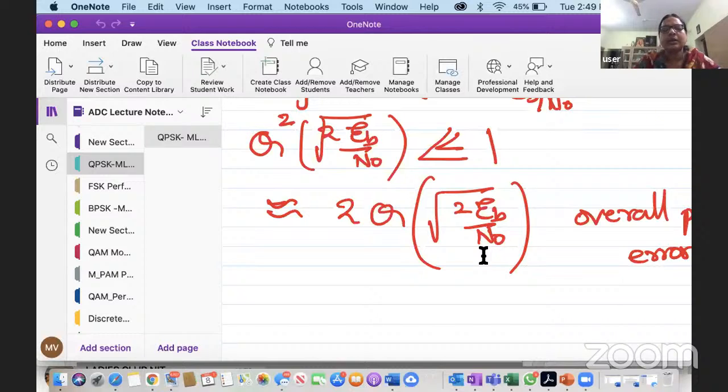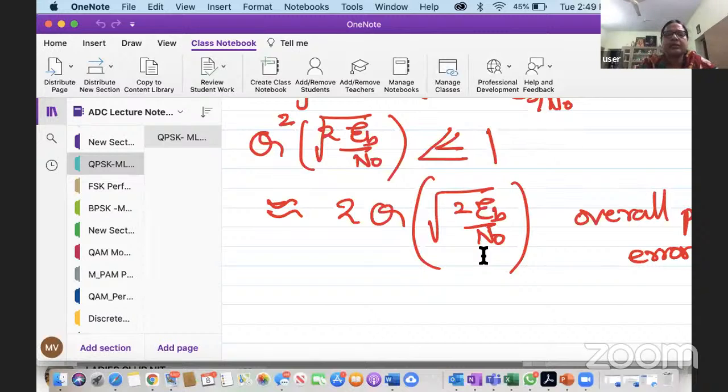Naturally, when you keep more points in the constellation diagram, the probability of error also increases. From BPSK to QPSK to QAM, the distance between the points becomes very small, so your detection area is also reduced, and because of that we get a huge probability of error.